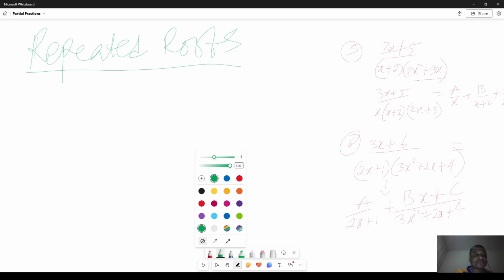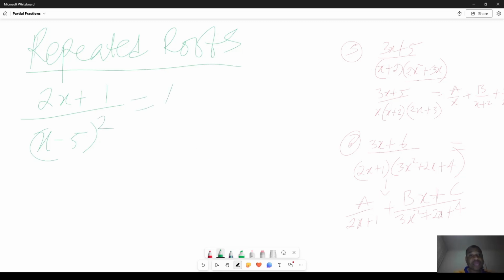Let's say I have 2x plus 1 over x minus 5 squared. This will be a over x minus 5 plus b over x minus 5 squared. You should ask why, right? Okay, this is how we do it. But why do we do it like this?